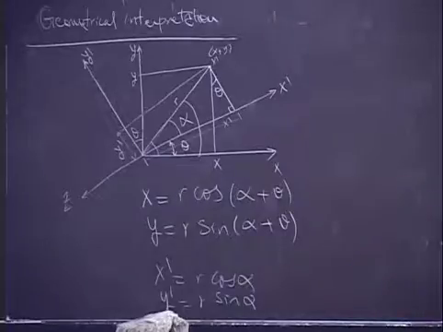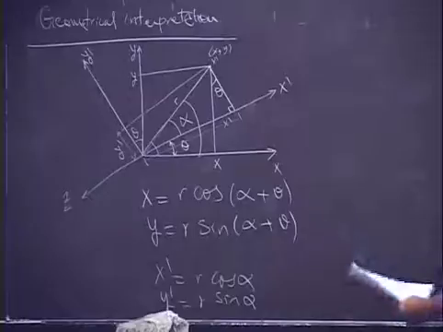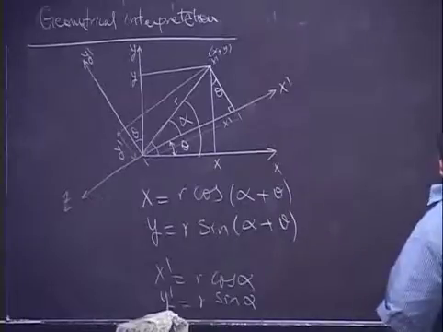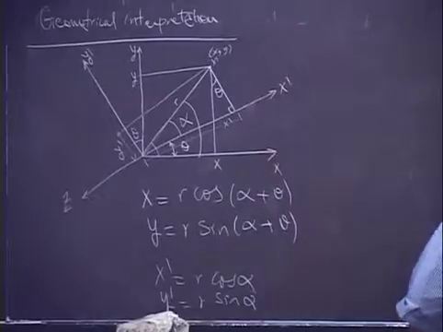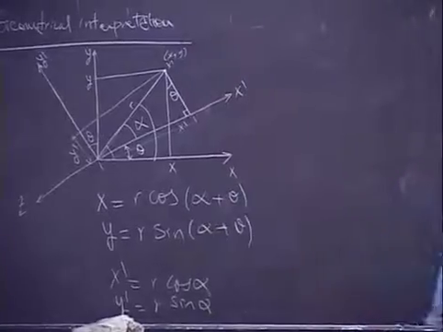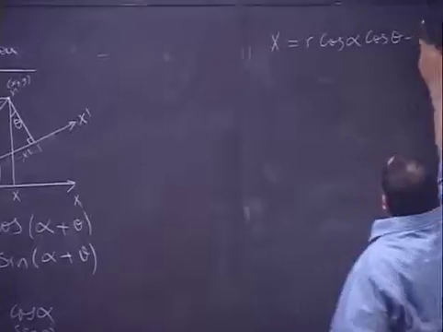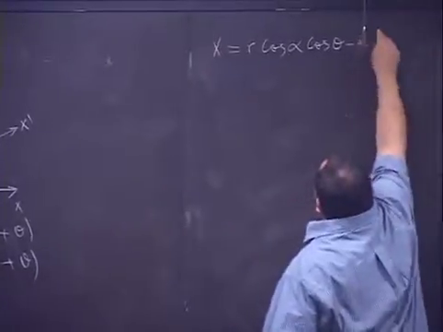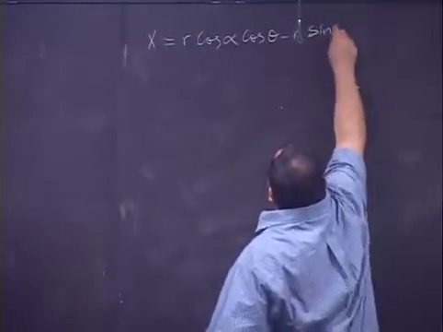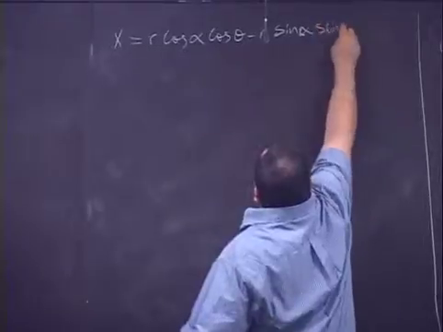Let's decompose the first equation. x equals r cosine of alpha plus theta, which is cosine alpha cosine theta minus sine alpha sine theta.